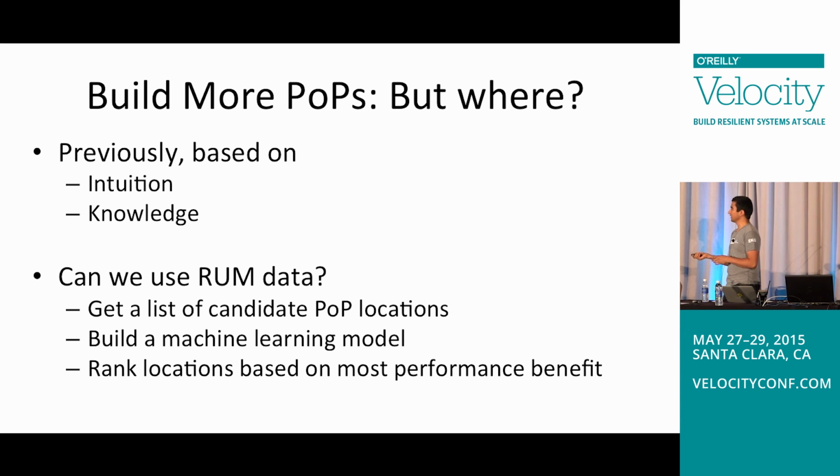And we built a machine learning model that takes the historical RUM data, takes this list of candidate POP locations, and gives a score for each candidate location. So the higher the score is, the better that location is for building the next POP. I'm not going to go into details of the machine learning model, but it's a machine learning model. Everybody does that.